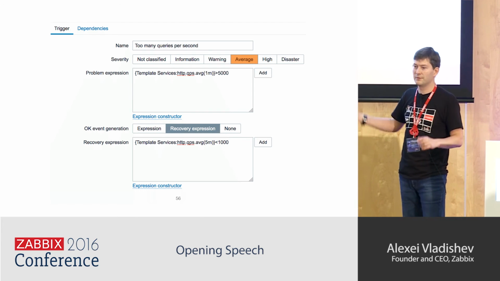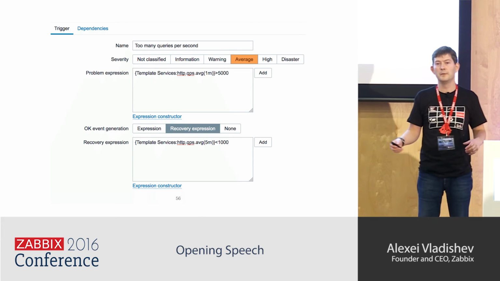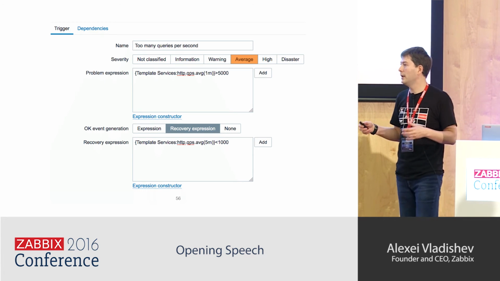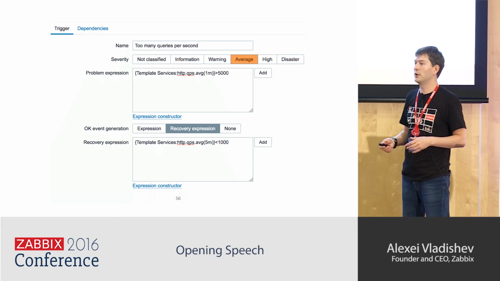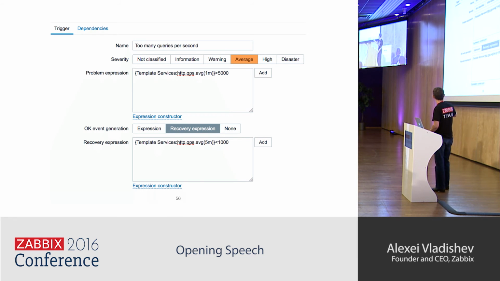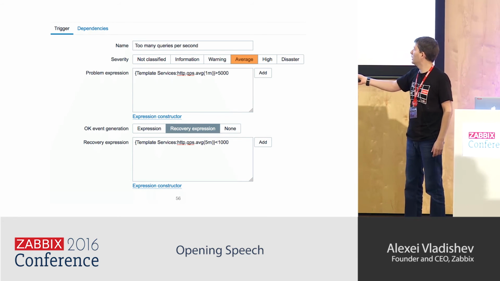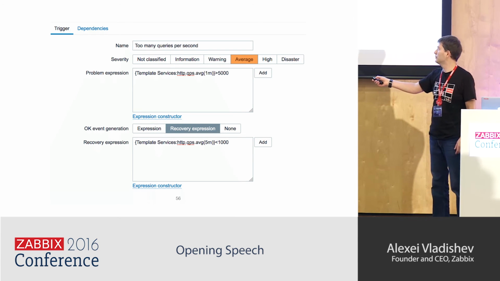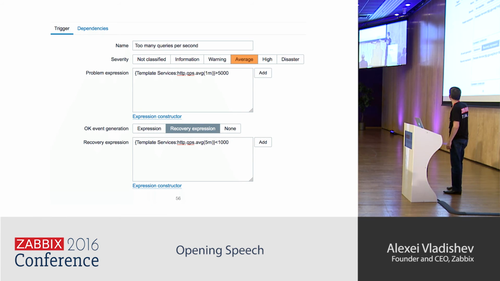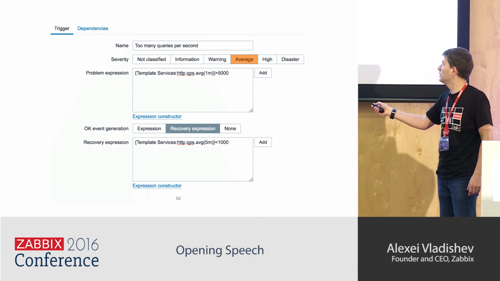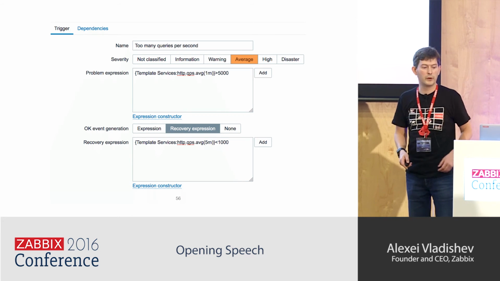Now it's very easy to understand, and we already improved our official templates to take advantage of the second recovery expression. So it's a very powerful feature. Once again, have a look. When you set up OK event generation, it could be expression by default, where just one expression will be used, or click on recovery expression, and then you can use the recovery expression.